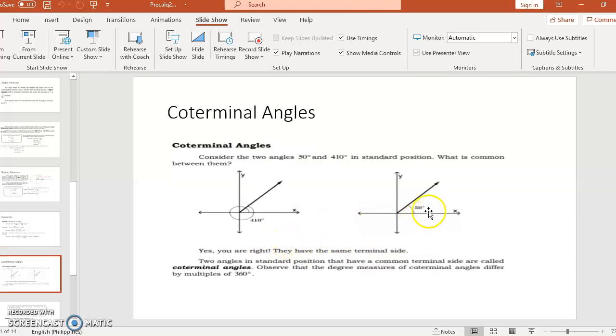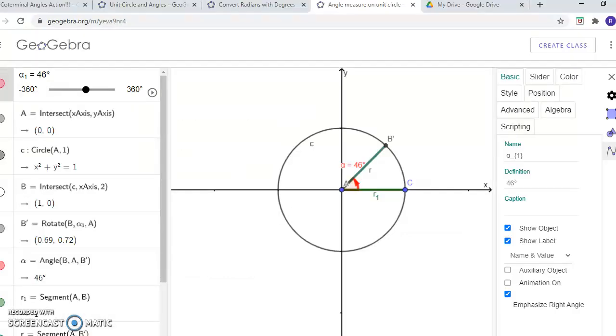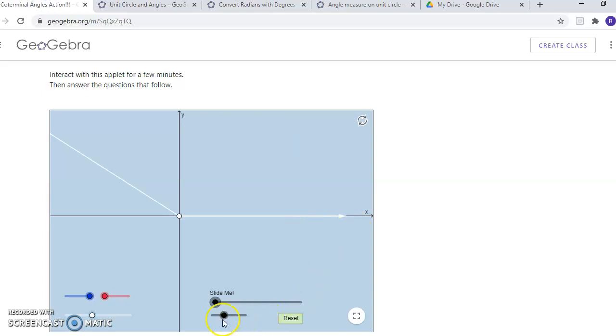Coterminal angles. If you have more than one angle and they have the same terminal side, those are coterminal angles. So let's have here an angle. As you can see, the white lines or rays.